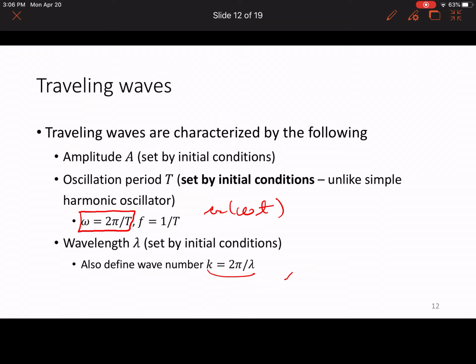And when you plug that in, what you'll find is I'm always going to get expressions of the form cosine k times x. So just like with simple harmonic oscillators, always try to convert into wave number k first, and then work with the problem. It's much easier to work with than lambda. All right, so these are all the things that are set by initial conditions.